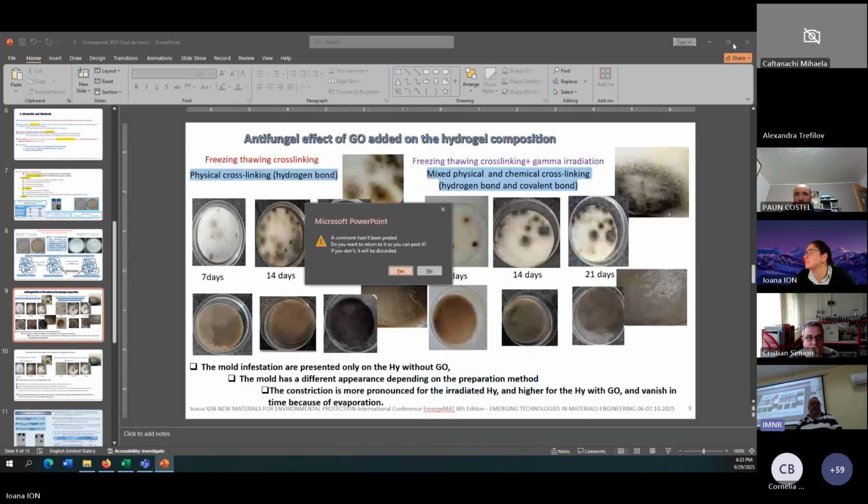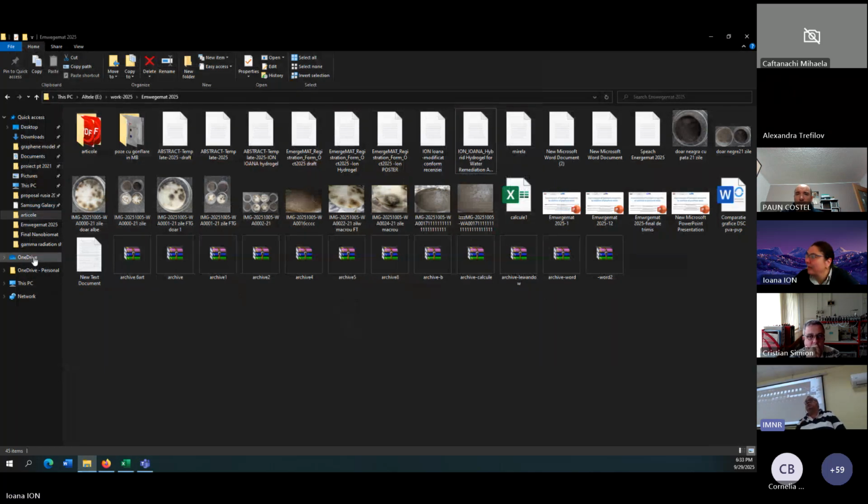The next part of our event consists of the poster presentations. Right now, in the hall, all the posters sent to our event are run in a slideshow. People present here in the hall can see them. For the rest of the people attending our conference online, it is possible to access each and every poster on the website of the conference.